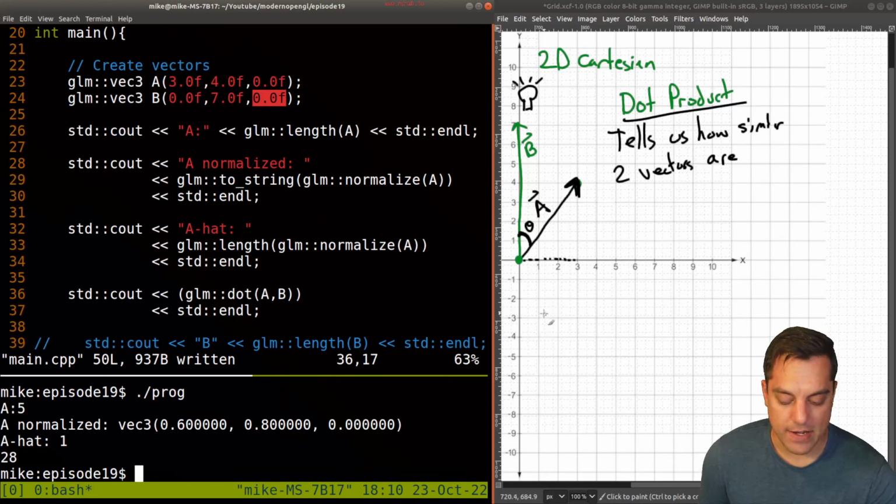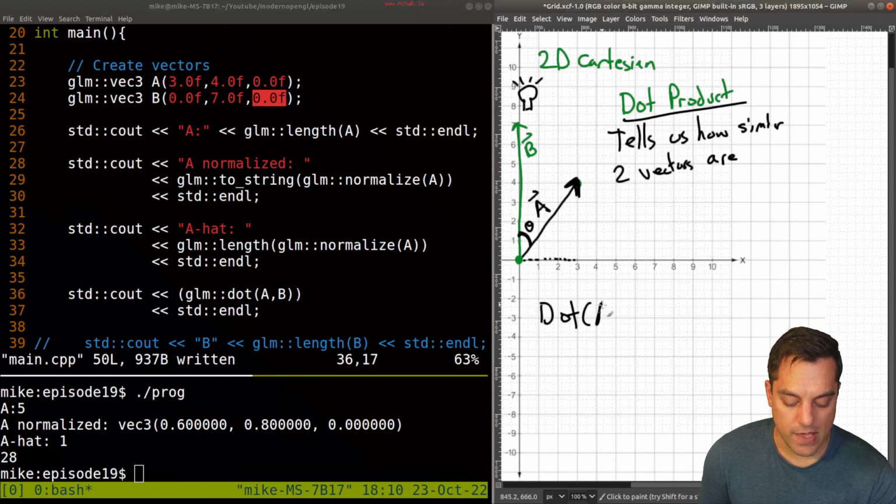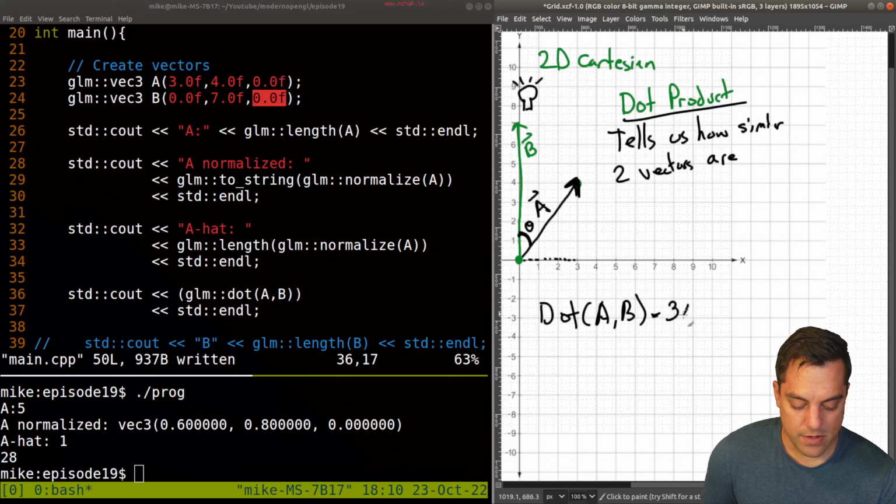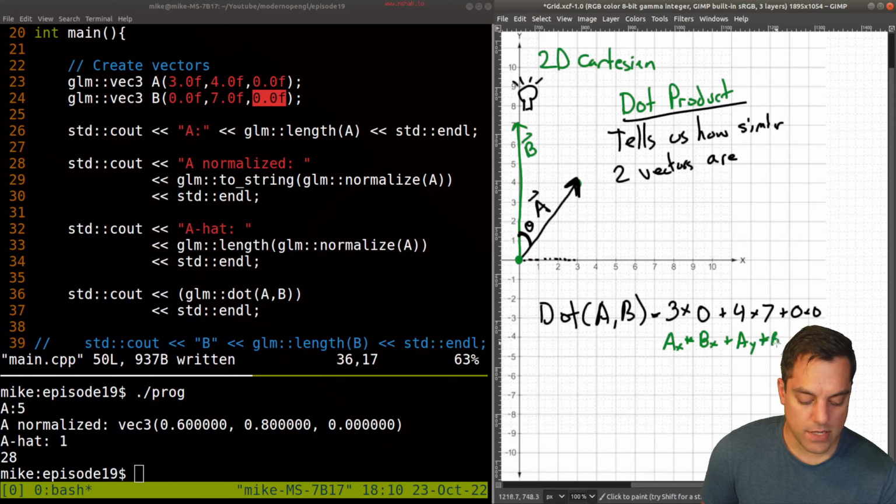So the dot of A and B equals 3 times 0 plus 4 times 7 plus 0 times 0, because we're just ignoring the z. Or the other way to write this: ax times bx plus ay times by plus, and I'm just going to ignore the z here. But this is what we are actually doing: the components multiplied and then their sum.